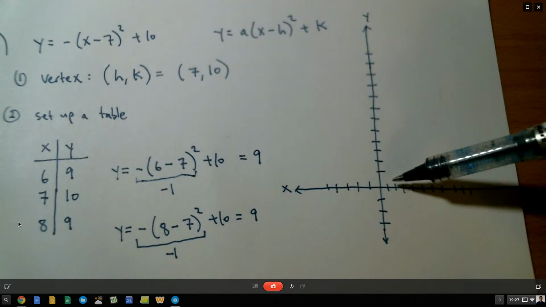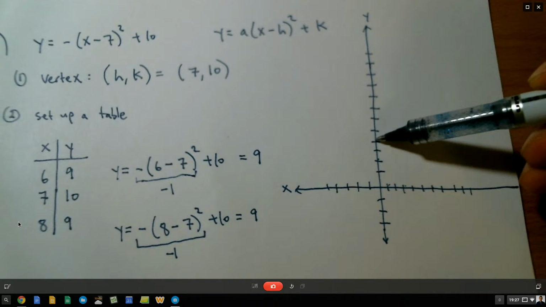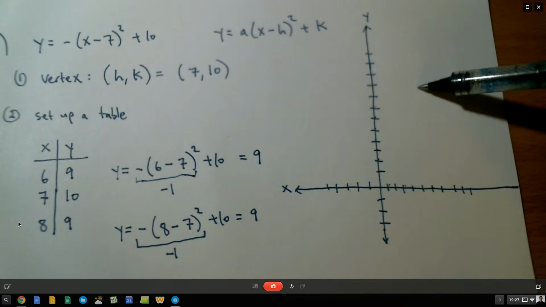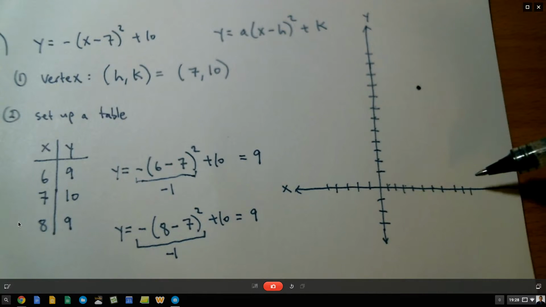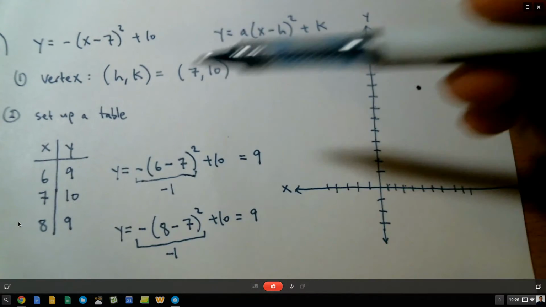So when x is 6, so 1, 2, 3, 4, 5, 6. Y is 9. So 1, 2, 3, 4, 5, 6, 7, 8, 9. And about right here. And when x is 7, y is 10.